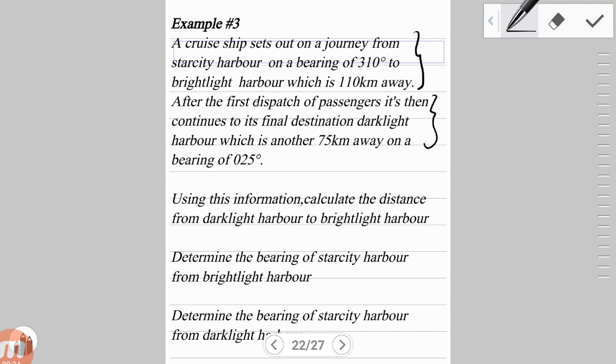So it says, after the first dispatch of passengers, it then continues to its final destination to Dark Light Harbor. So now the ship is currently at Bright Light Harbor, and it's going to end its journey at Dark Light Harbor. Now, Dark Light Harbor is 75 kilometers away, and that is on a bearing of 25 degrees.